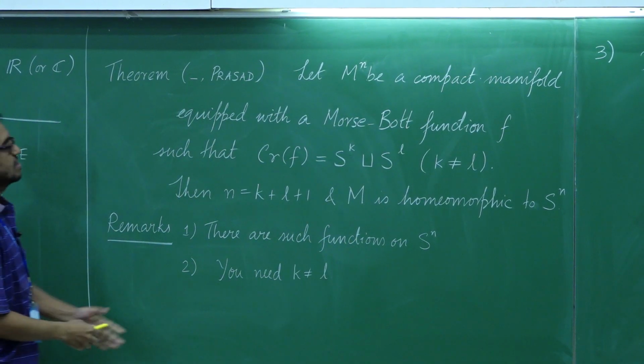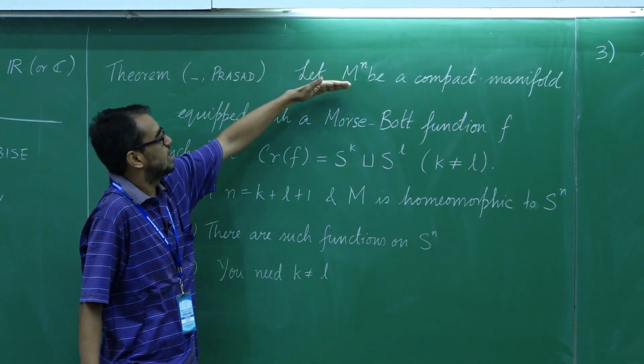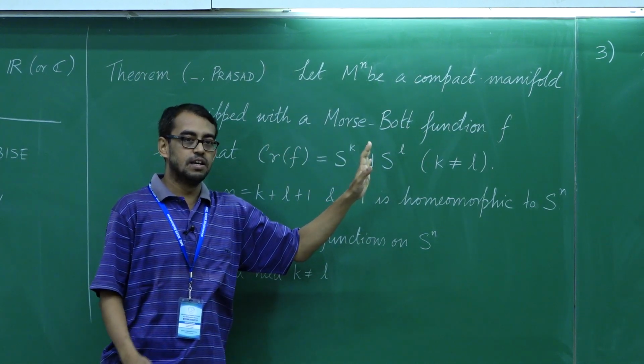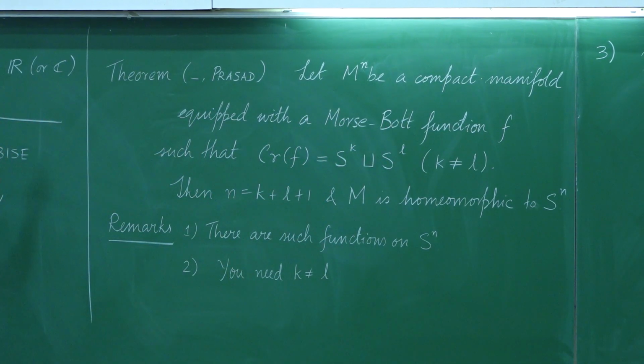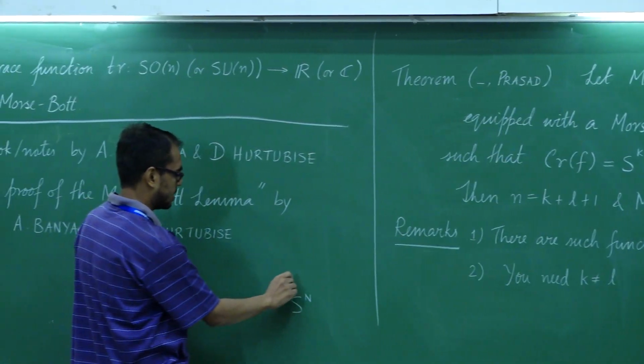Because see, the point is, if I drop this, like when I say that I am looking for a manifold with a Morse-Bott function whose critical sets are 2 copies of Sk, the first place you look for constructing such a function is you look for any Sn, any sphere.